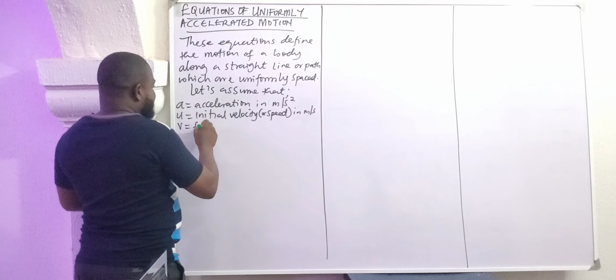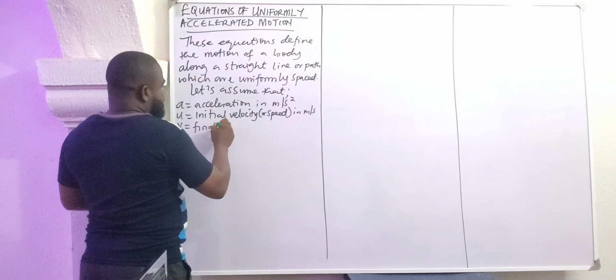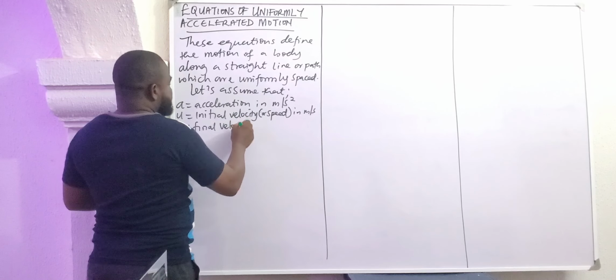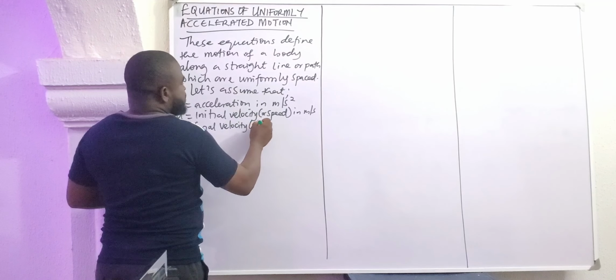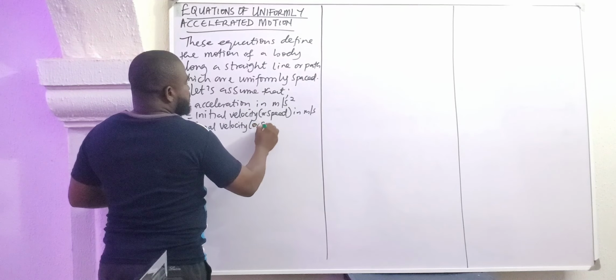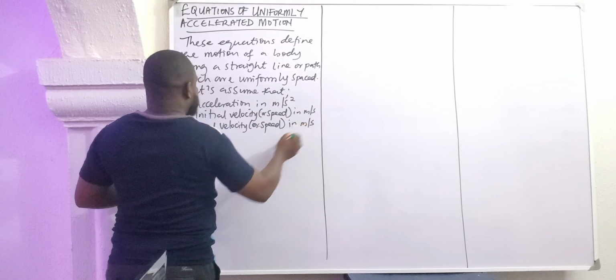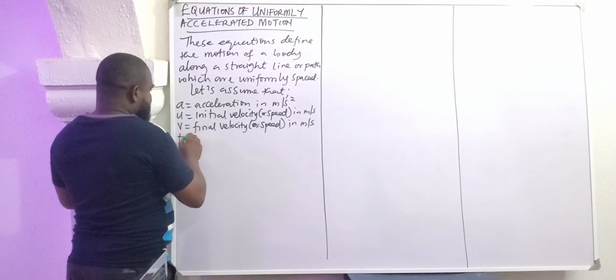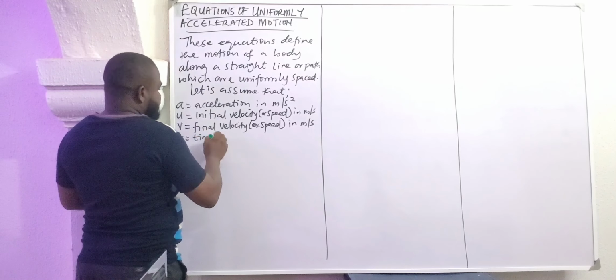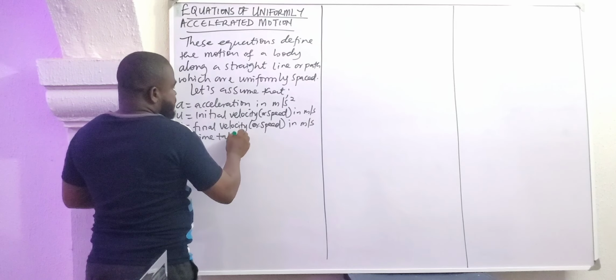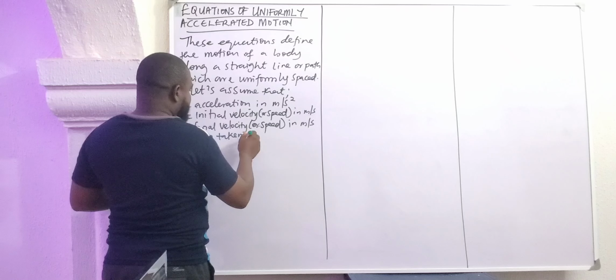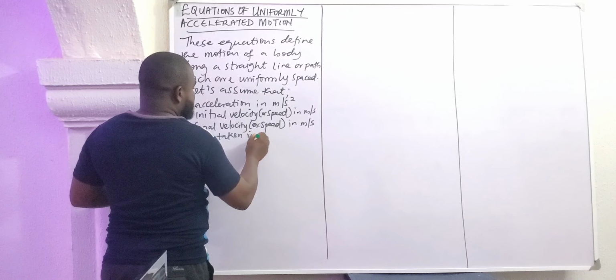V is the final velocity, also speed, in meter per second. T is the time taken to make the change or the motion, in second.